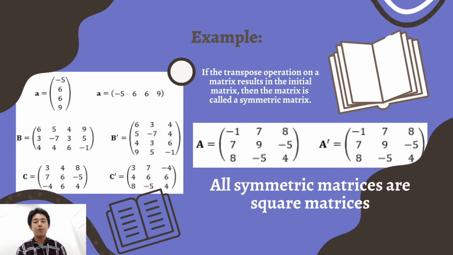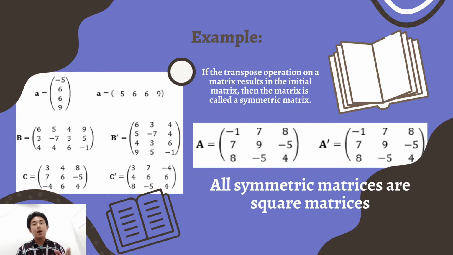Now, transpose matrix. So my friend already explained that transpose matrix is the new matrix gained from an original matrix that alternates between column and row elements. So for the example we have A matrix equals -5, 6, 6, and 9. So this only has one column with 4 rows, but when we transpose it, it's going to be 4 columns with 1 row.